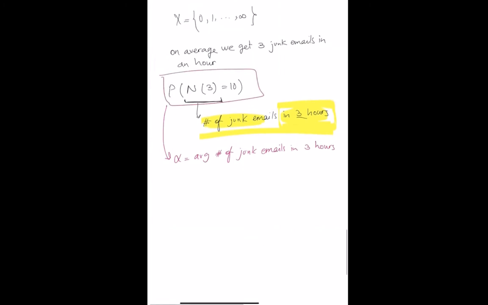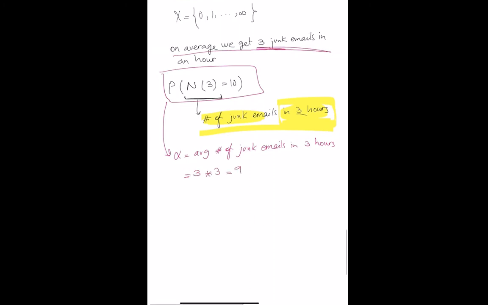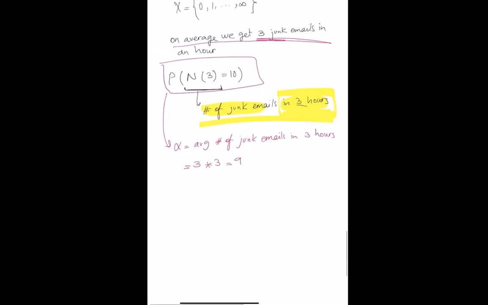If I know the average number of junk emails in 1 hour is 3, then the average number of junk emails in 3 hours is 3 times 3, which is 9. With this alpha of 9, I can answer this question: the probability that X3 equals 10 is e to the power of minus 9, times 9 to the power of 10, over 10 factorial.